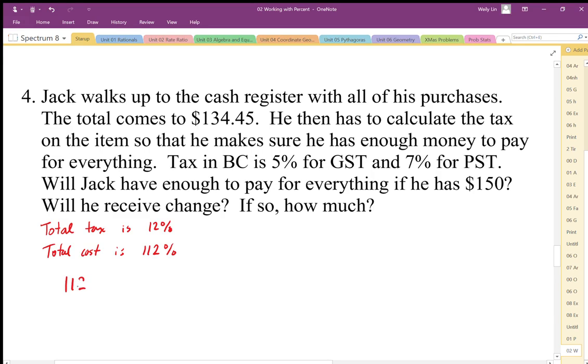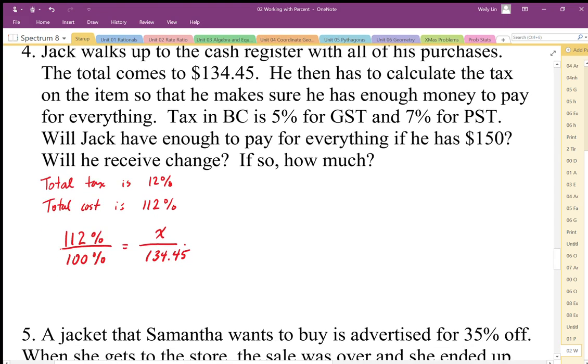I want the 112% to be compared to the total before tax. And the total before tax was $134.45. And the X then represents the amount we pay after all the taxes have been added on, or the 112%. And again, we were able to add the percentages together in this case.